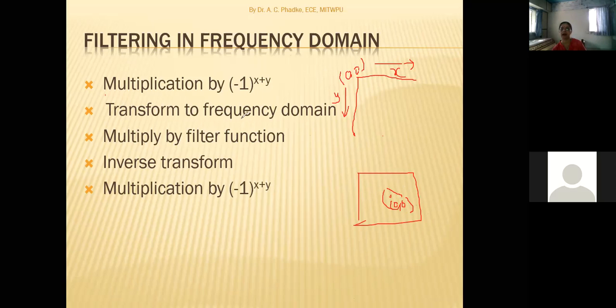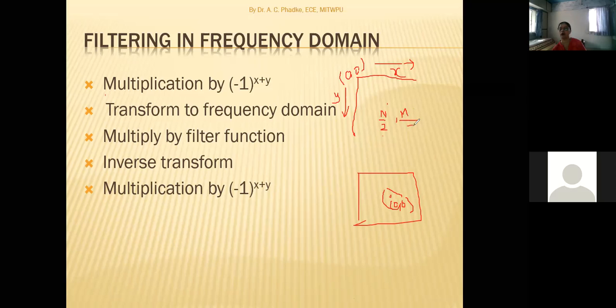Before applying the transform, we need to shift this origin from this location to the center of the image, which is say n by 2, m by 2, if your image size is n by m.